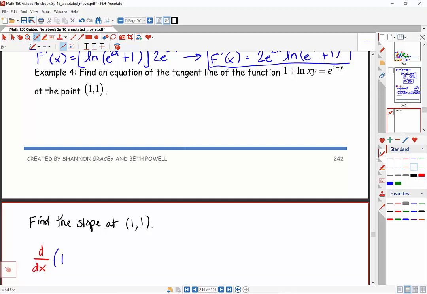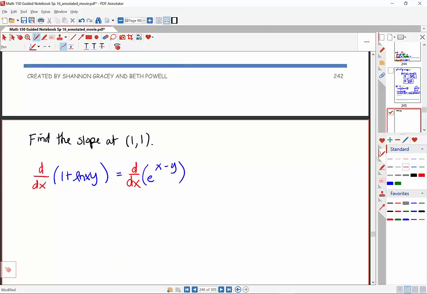So we're going to be differentiating 1 plus natural log at x times y on the left side, and then on the right side we'll be differentiating e raised to the x minus y. And this is all with respect to x. So this derivative is going to be d dx of the product xy over 1 plus natural log at xy.